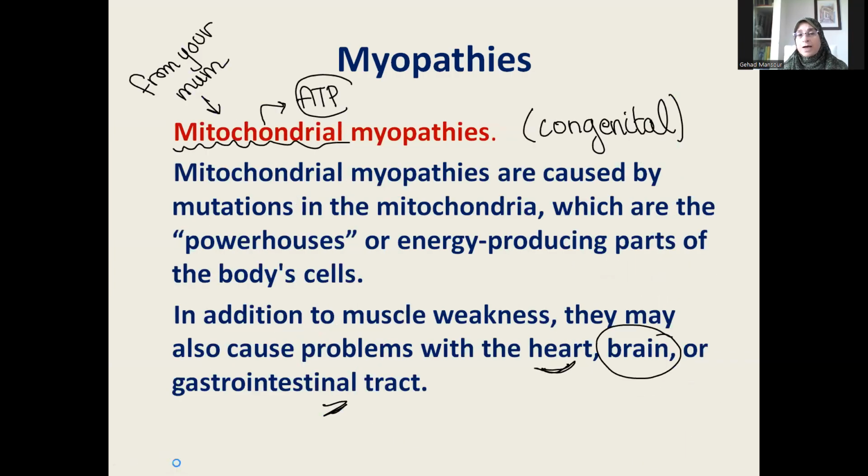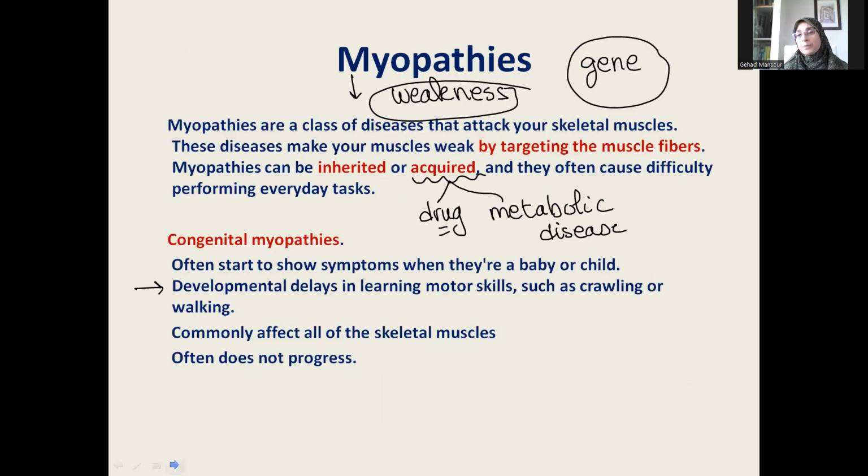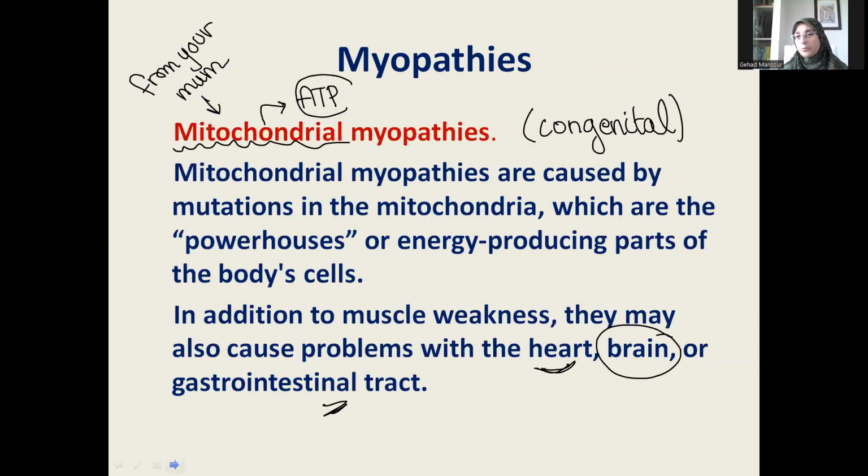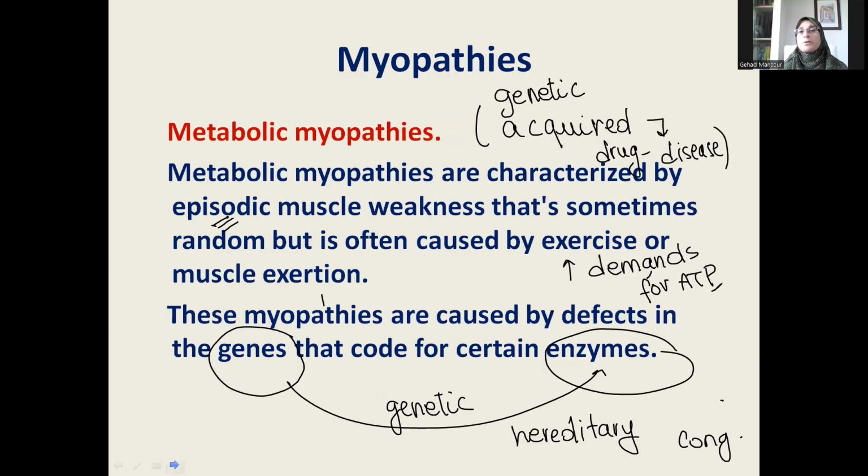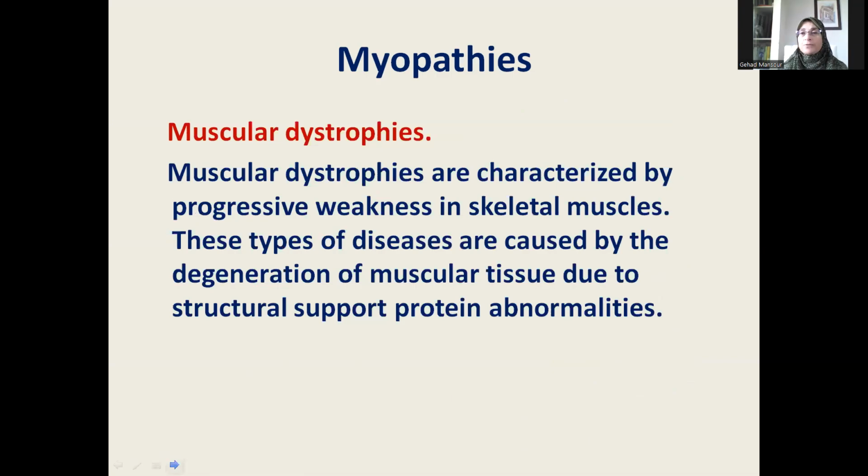So again, we have congenital myopathies. The best example of congenital myopathies is the mitochondrial myopathies, which are stable throughout life. Some types of metabolic myopathies show mainly during exercise. And then we have the muscular dystrophies, which are also congenital myopathies, but they are characterized by progressive weakness.